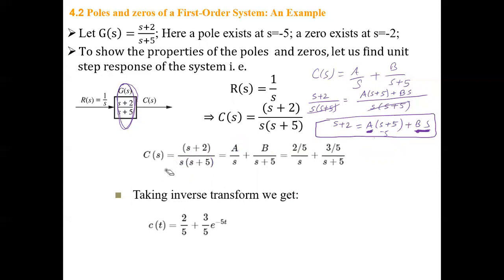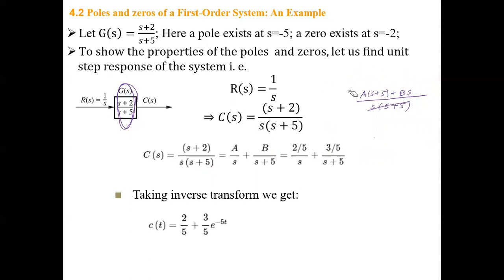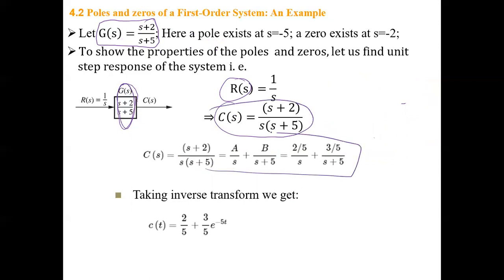Okay. Now take the inverse Laplace transform. Chapter 3 stays here. Chapters 1, 2 and 3. Then in chapter 4, we add R of S and we have C of S here. Then we have the partial fraction. Now you take the inverse Laplace transform.